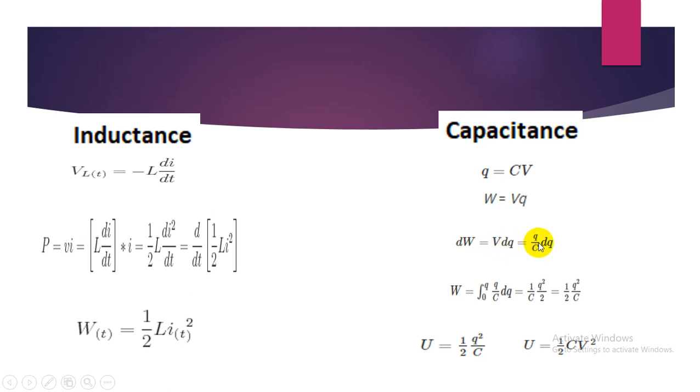We are writing like this, Q by C into dq. V is replaced by Q by C from this relation. Then afterwards we are integrating both sides. We are getting W is equal to the integral with limits from 0 to Q of Q upon C dq. So like this, when we are done, we are getting half Q square by C. This is also going to be modified as half C V square from this relation.